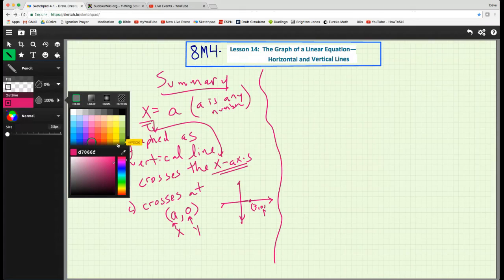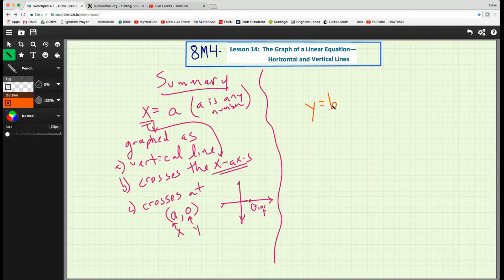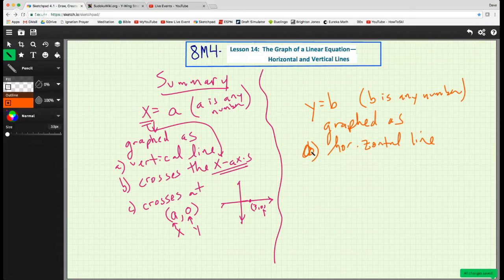So the summary for y equals b, where b is any number, is graphed as a horizontal line, not a vertical line. That's A. B, it crosses the y-axis, right?